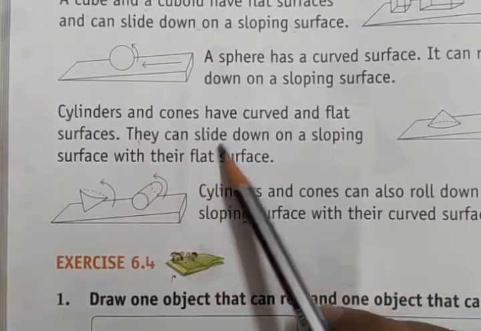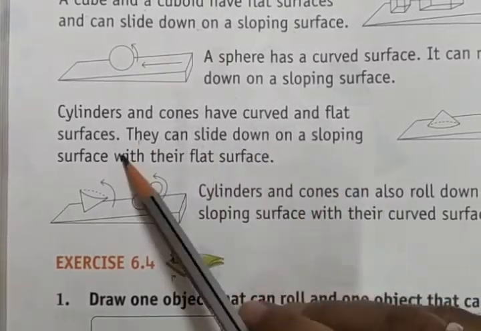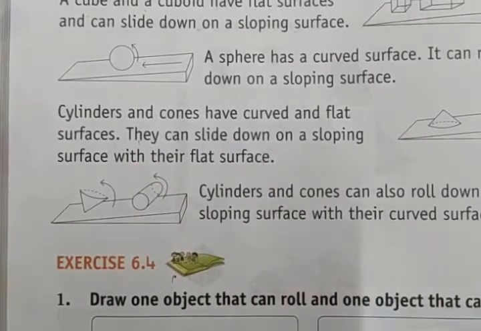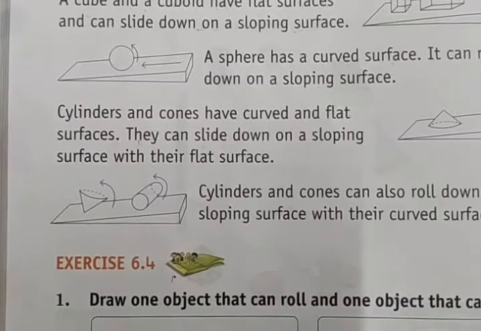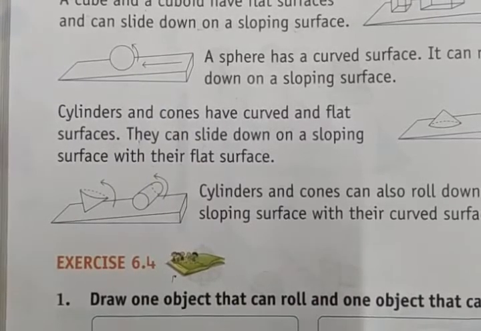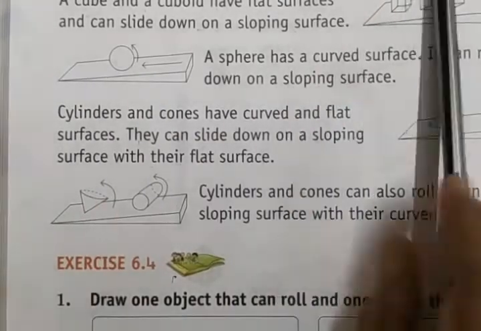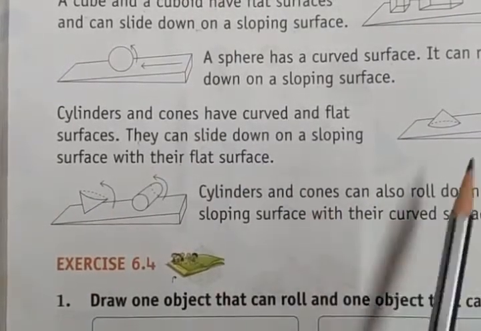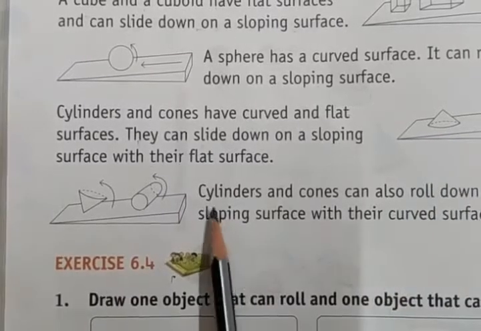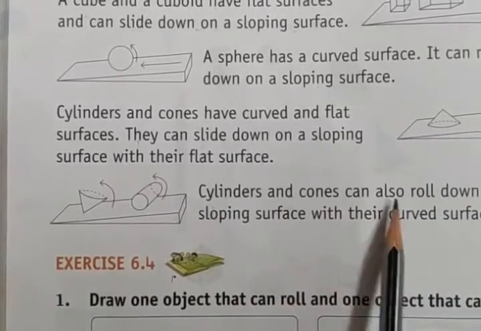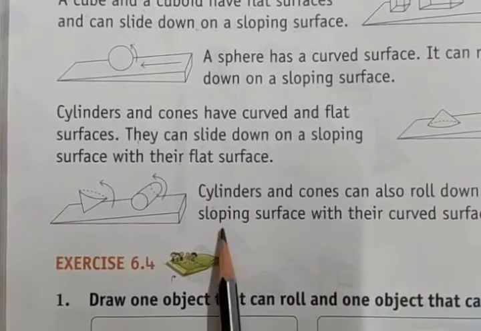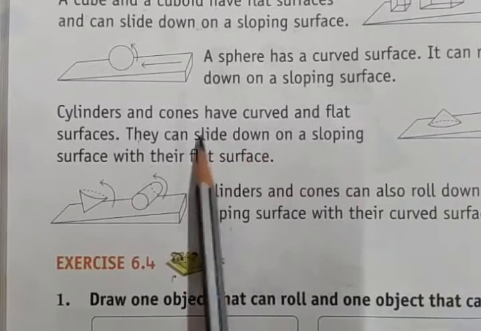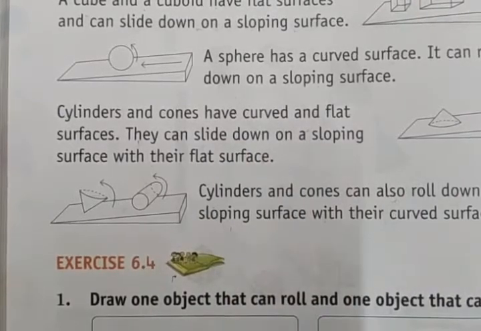They can slide down on a sloping surface on the flat surface. As I told you, a cylinder can roll and slide. Even the cone can slide and roll. You can check any of your objects available. Cylinders and cones can also roll on a sloping surface with their curved face. That can be slid and this can be rolled.